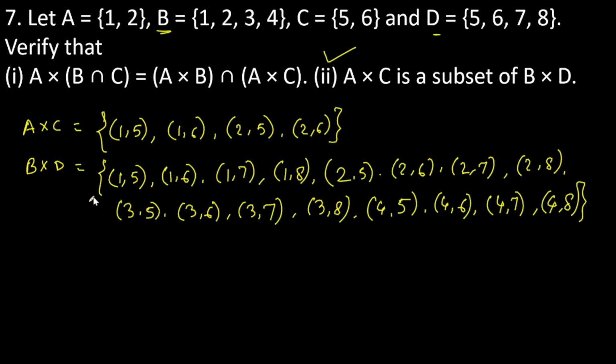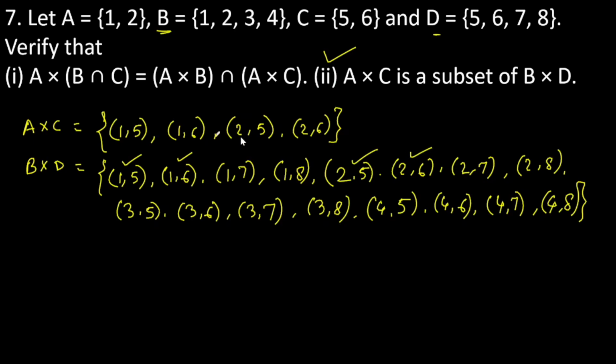So now you have to find whether any element of A cross C belongs to B cross D or not. So all the elements should belong. Then we can say A cross C is a subset of B cross D. So here 1, 5 present, 1, 6 present, 2, 5 present, 2, 6 present.